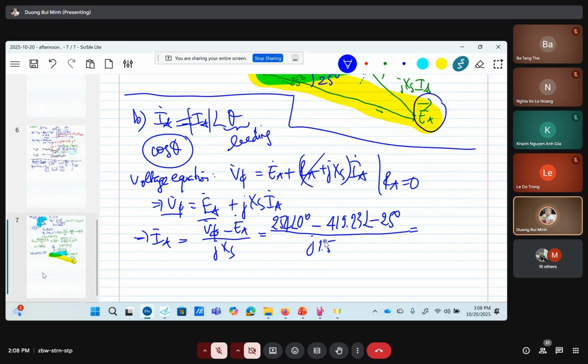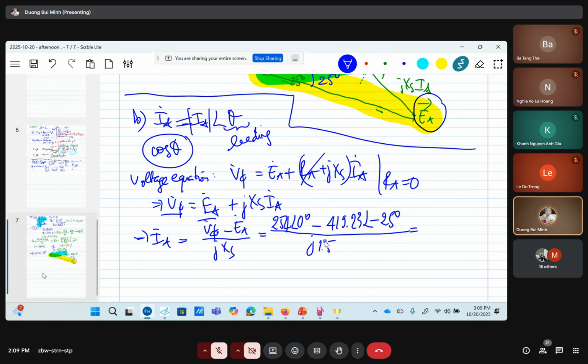So we have 254 with 0 degree minus 419.23 with the phase angle minus 25, divided by 1.5j.